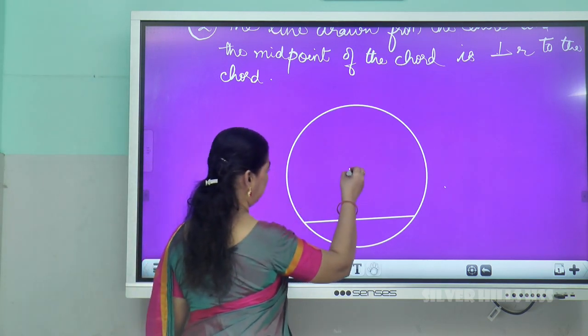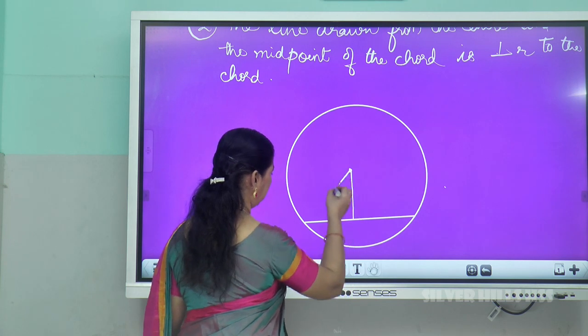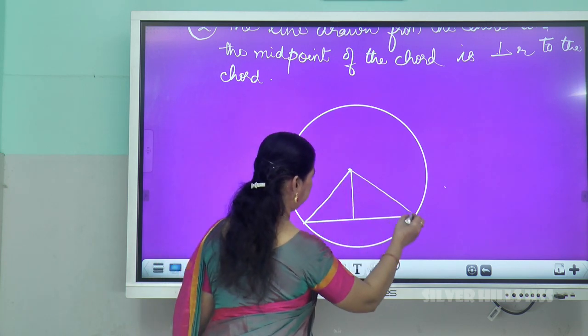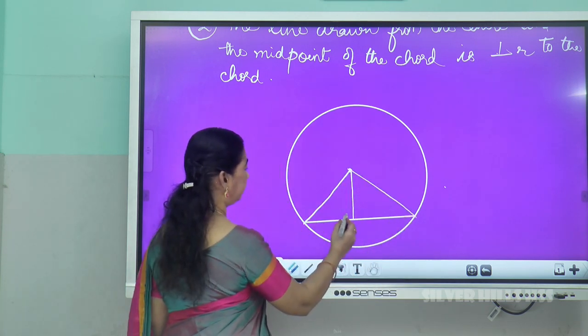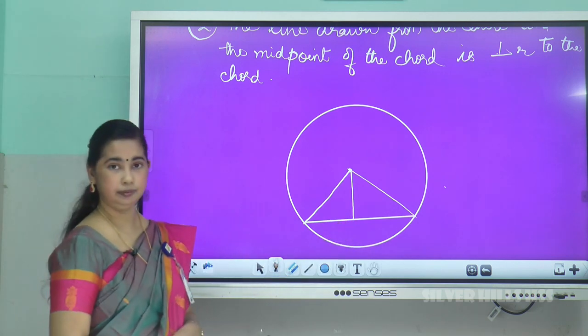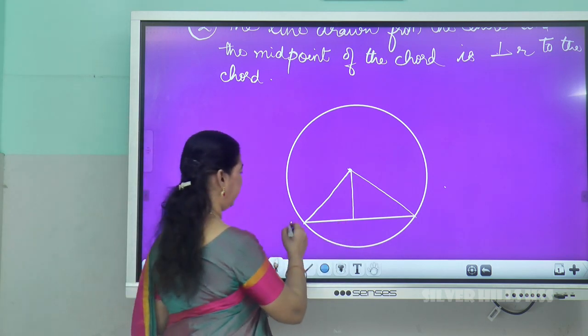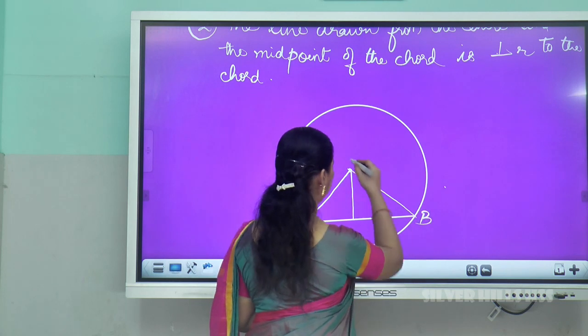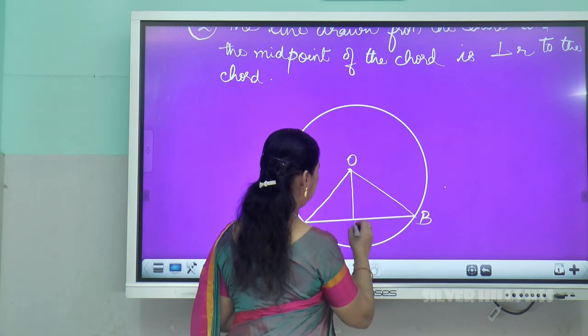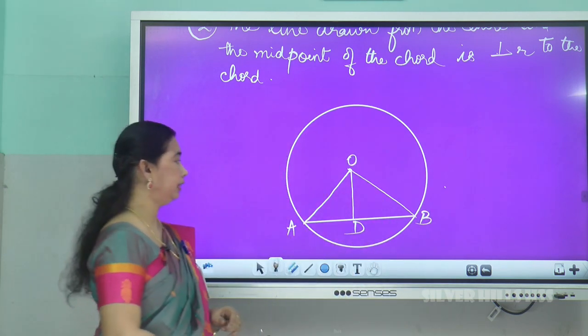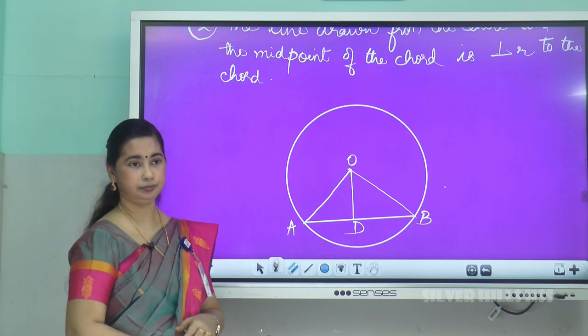So I am joining this. Now here we need to show that this angle is a 90 degree angle. This is AB, point O, and this is D. It is already given that D is the midpoint.